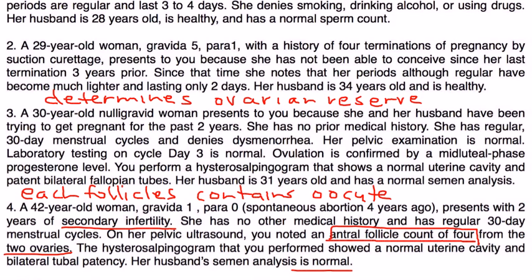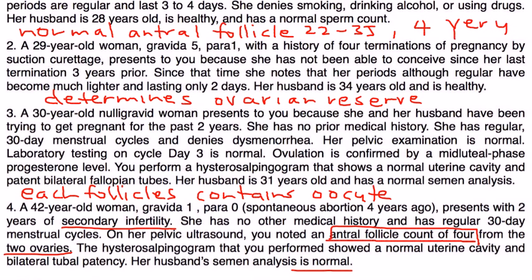The normal antral follicle count is about 22 to 35. So this patient has 4, which is very low. So this patient definitely has decreased ovarian reserve.